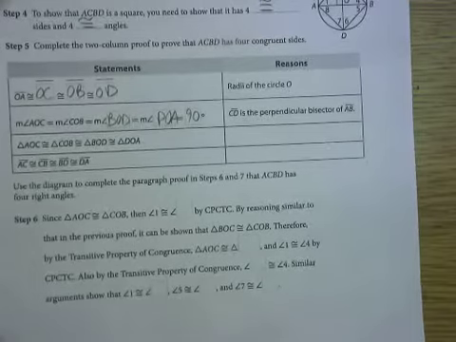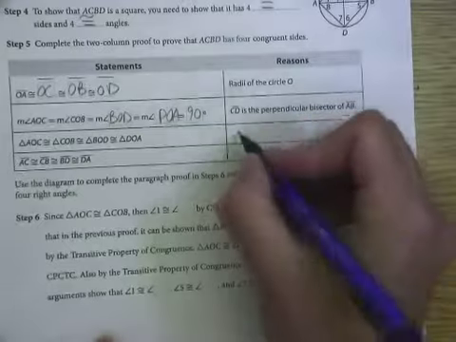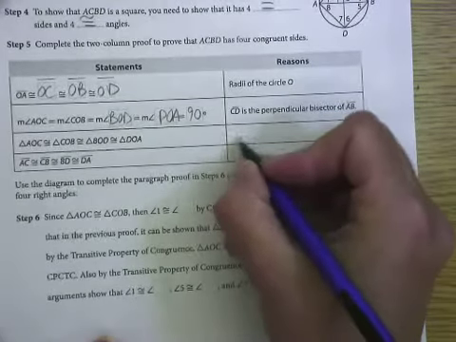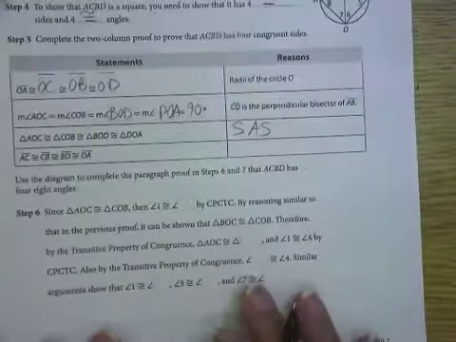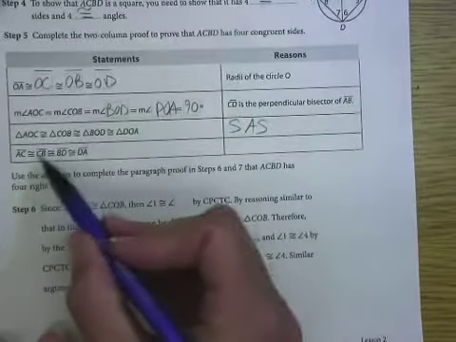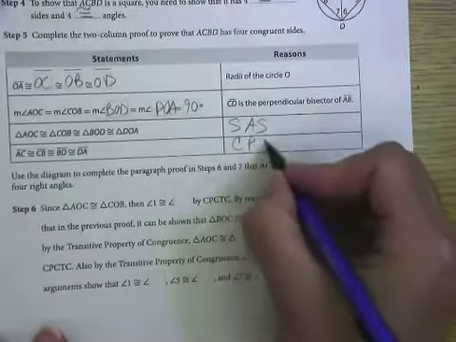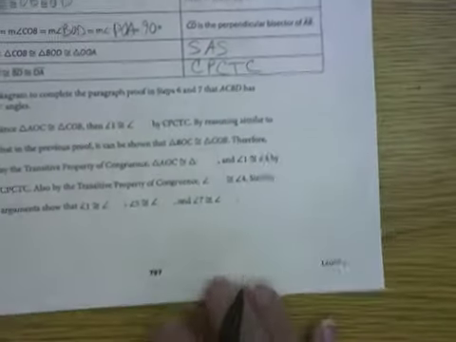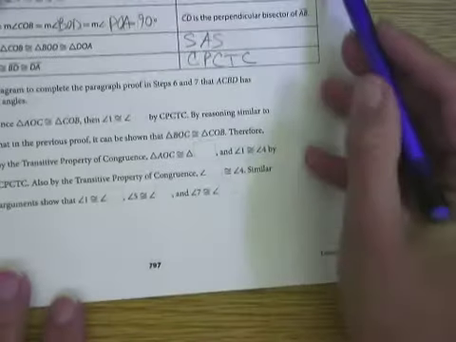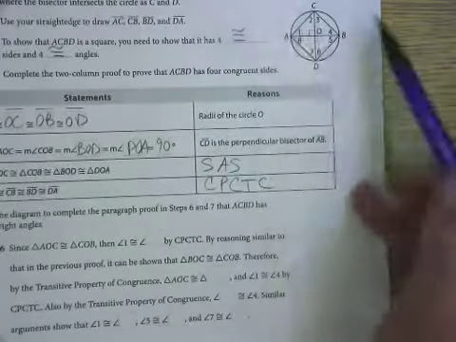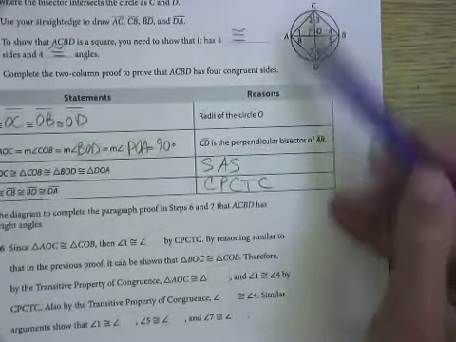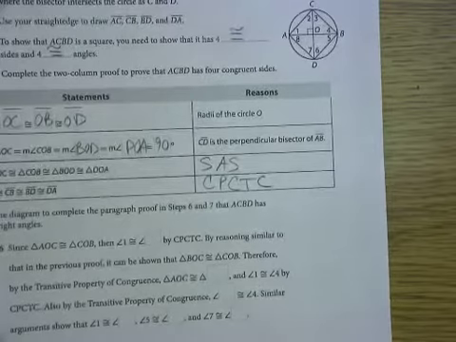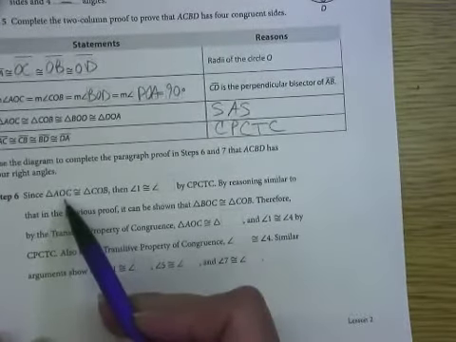I know that the measure of angle AOC is equal to COB is equal to angle BOD is equal to angle DOA, which is 90, because we constructed CD to be the perpendicular bisector of segment AB. And so these triangles are all congruent by side angle side. And therefore, all of these corresponding parts are congruent by CPCTC.